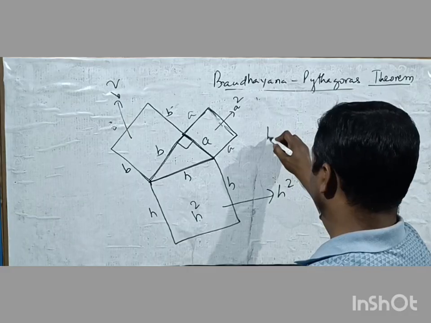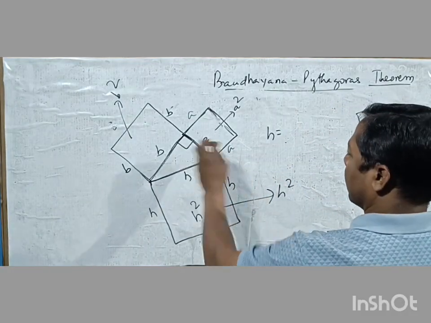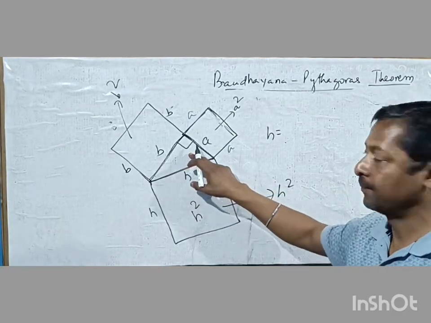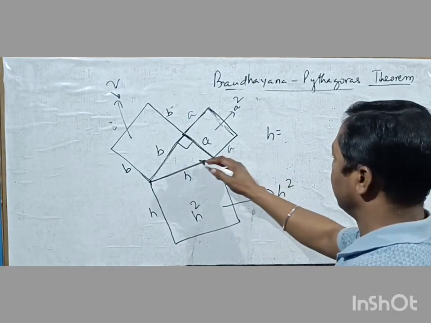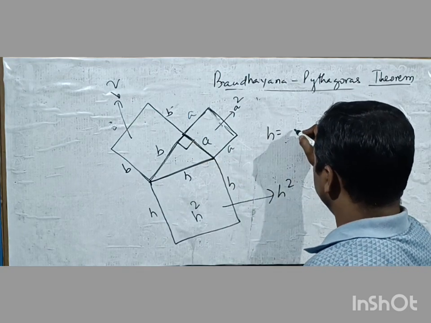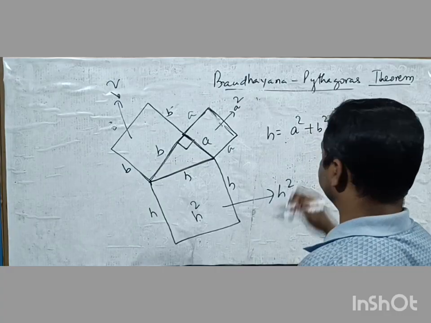So what is the value of H? From this right angle triangle, let's calculate the value of H, the hypotenuse. We know that H square will be equal to A square plus B square.